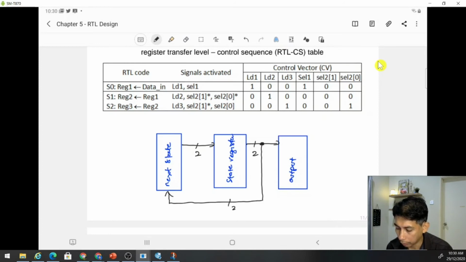What are the outputs? So you have this output 1, 2, 3, 4, 5, 6. Okay, so you have LD1, LD2, LD3, SEL1, SEL2 bit number 1, SEL2 bit number 0.